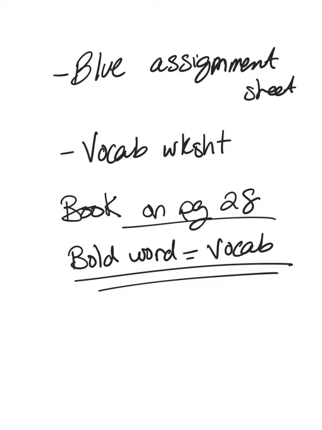So right away on page 28, I see the word line and I see the word plane. And as you go through, there's words on page 28, on page 29, 30, 31, and 32. So your job is to get all the bold words that you see and write their vocab. There's quite a few of them.